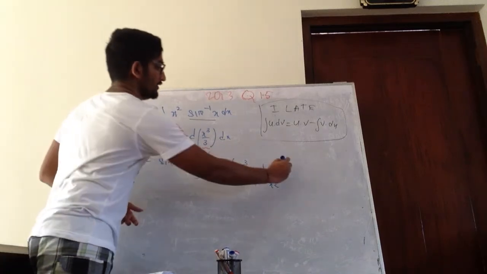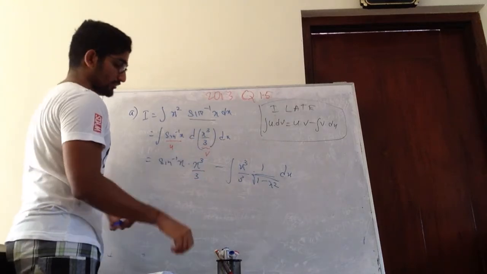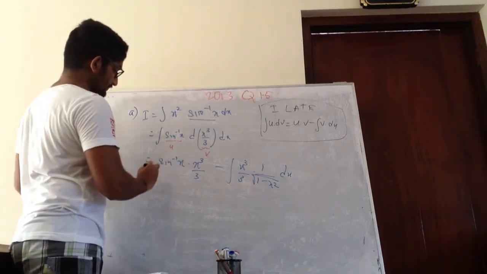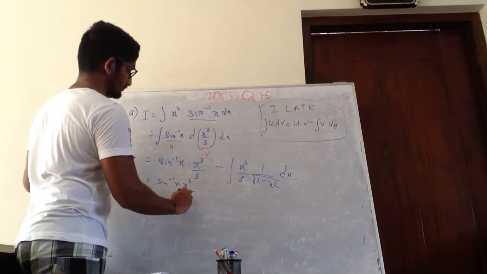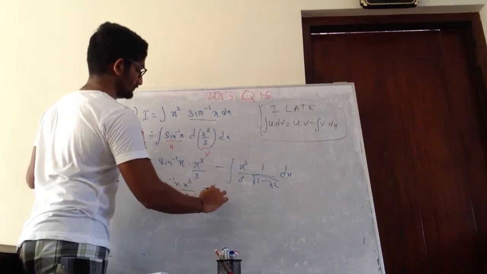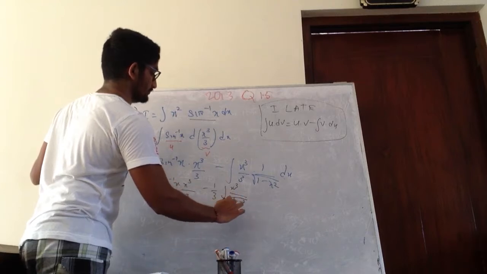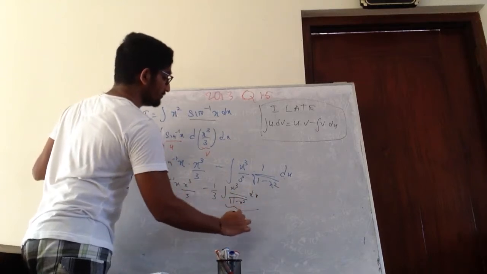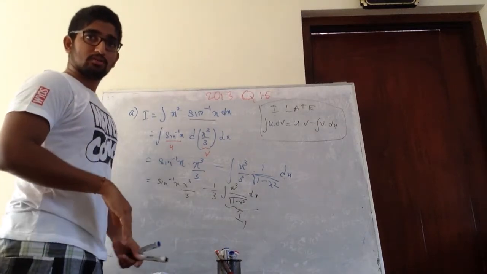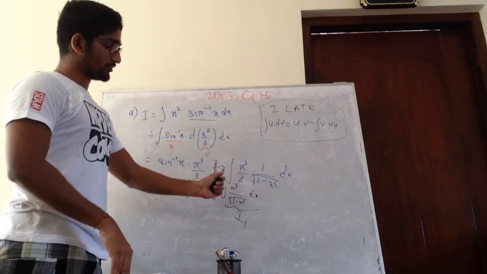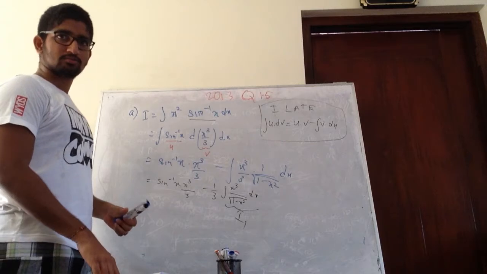Correct? Yes. So what I'm going to do is I'm going to take 1/3 out, and I'm going to name this as I1. So now I'm going to integrate this separately, and then we can find I separately.